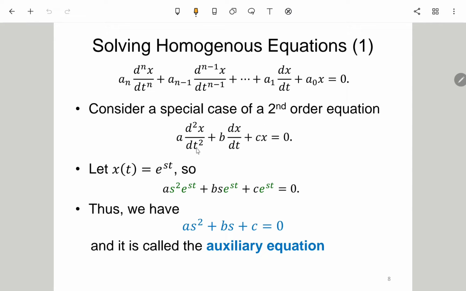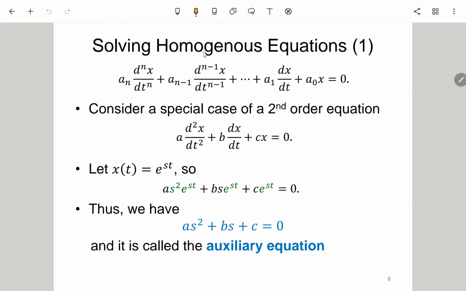I suppose you should have learned it in junior 2 or junior 3, but I don't really remember. So we will turn a second order homogeneous equation into a second order algebraic equation with one unknown.